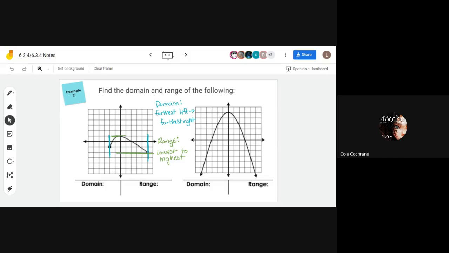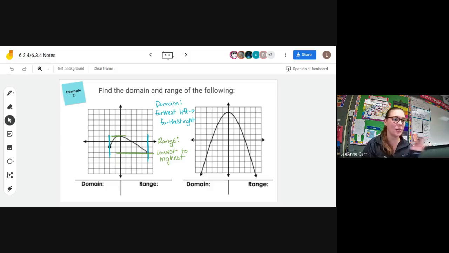Yeah, so you only need the x value. I don't even need the y value, just -2, because domain is the x's. And then our farthest right point, if I look on my x-axis, that's going to be 1, 2, 3, 4, 5. So we go from -2 to 5.